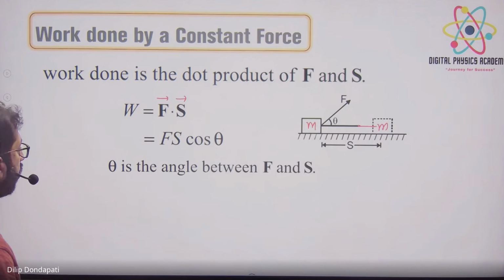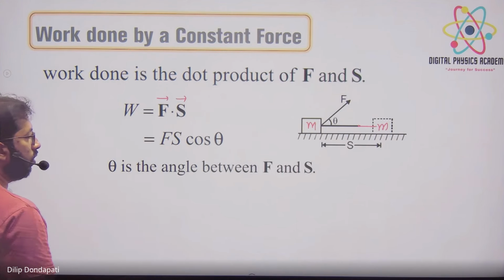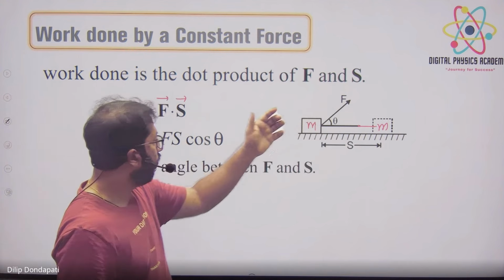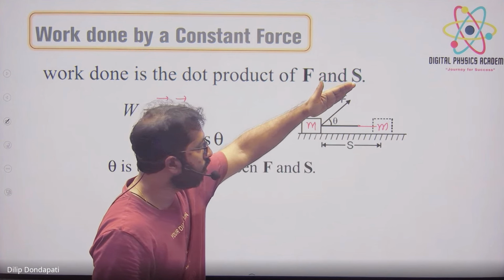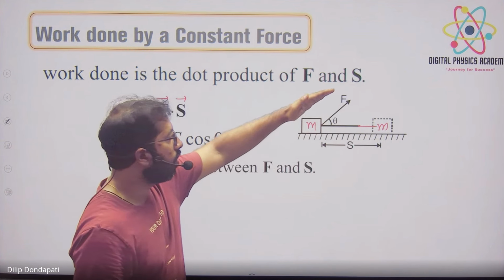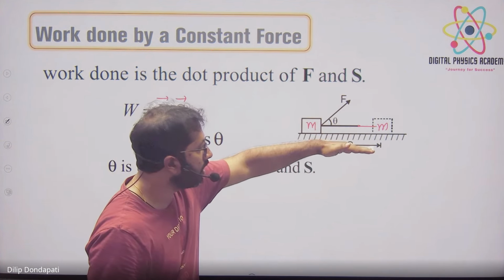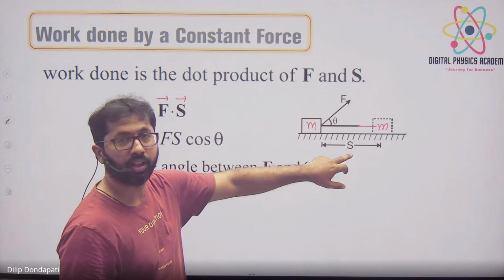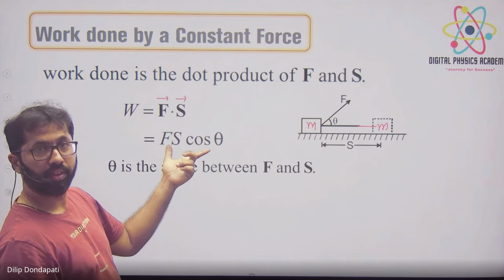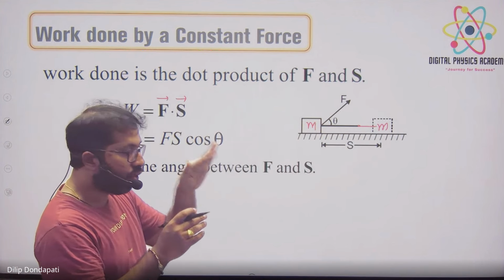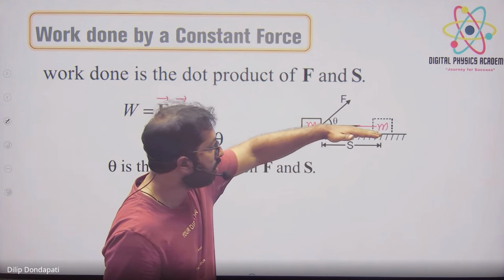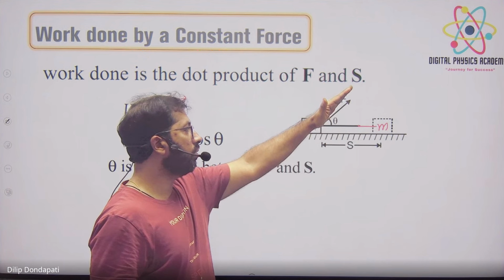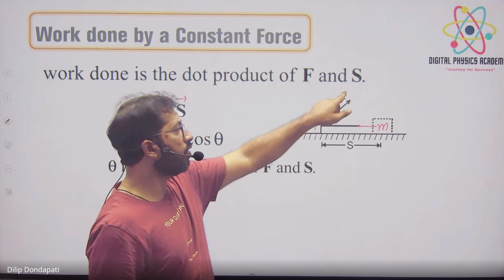See, understand the meaning of this. See how we are finding work. I am taking the component of force along the displacement. What is the component of force along displacement? F cos theta, and multiplying by displacement gives Fs cos theta only. Either calculate the component of force along displacement, or the component of displacement along force: S cos theta into F also gives Fs cos theta.